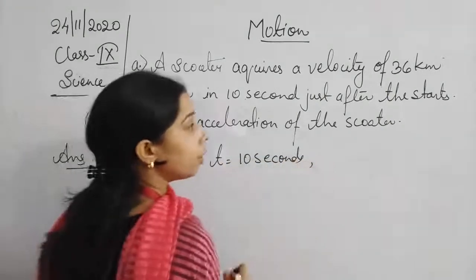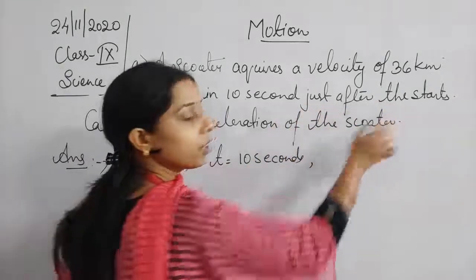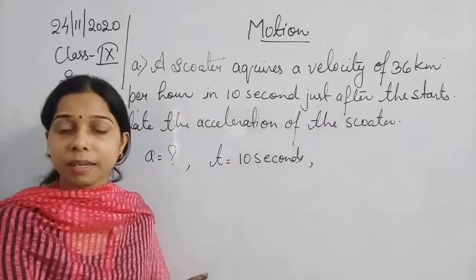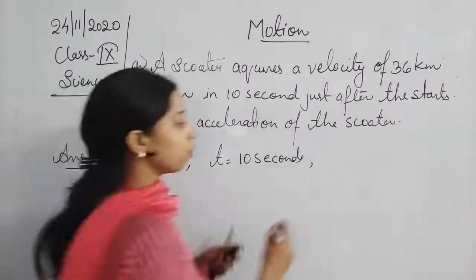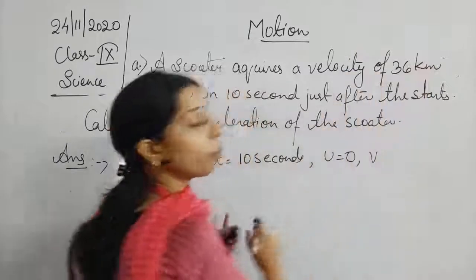Then initial velocity is given, because it is written just after the start, so the scooter was at rest. So u will be 0 and v will be 36 km per hour.